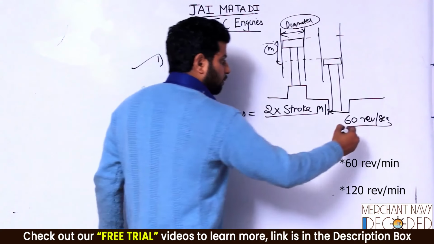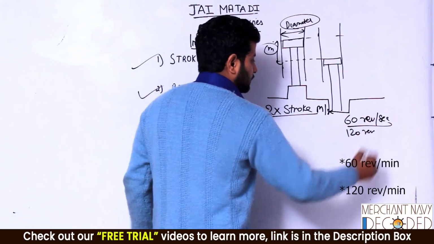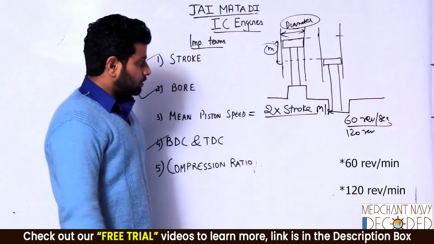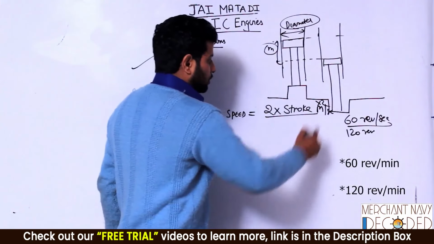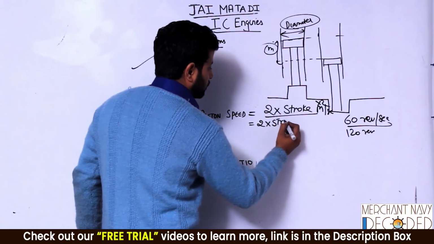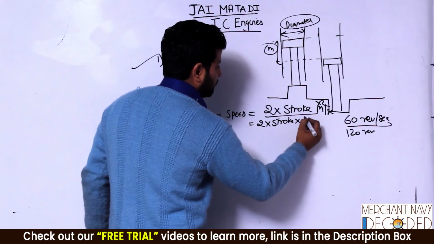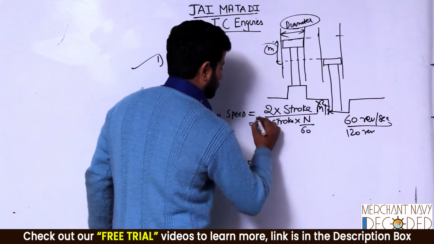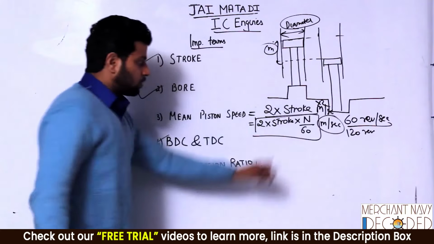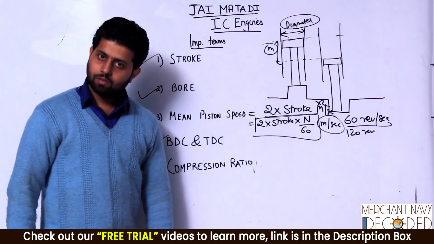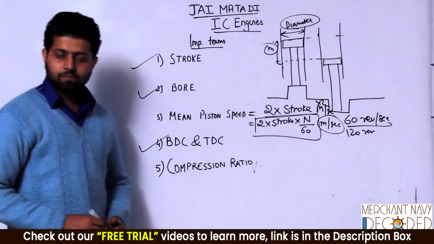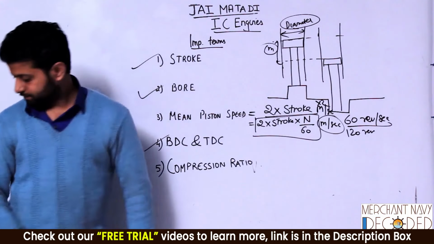If it is 120 revolutions per second, that means in 1 second it is going 2 times complete, so it will be into 2 once more. So mean piston speed is 2 into stroke into number of revolutions per minute upon 60. This is meter per second. The stroke needs to be in meters. Copied guys?